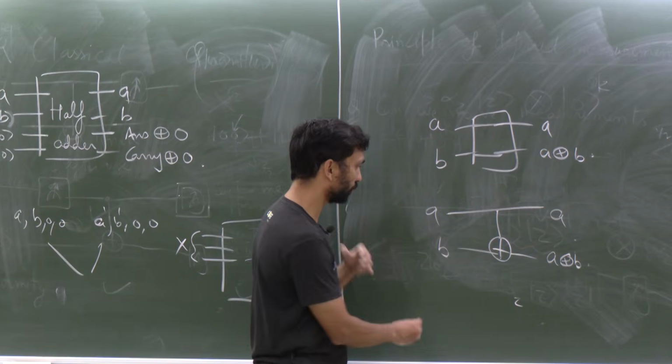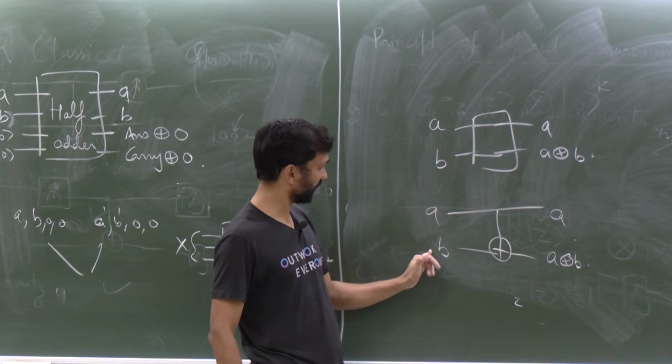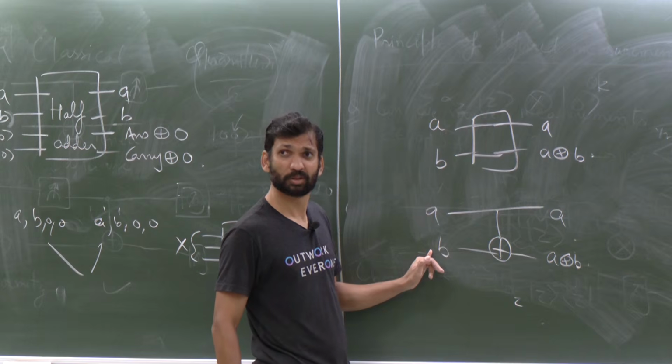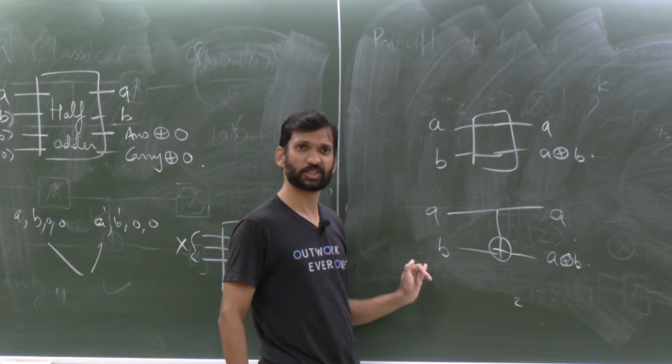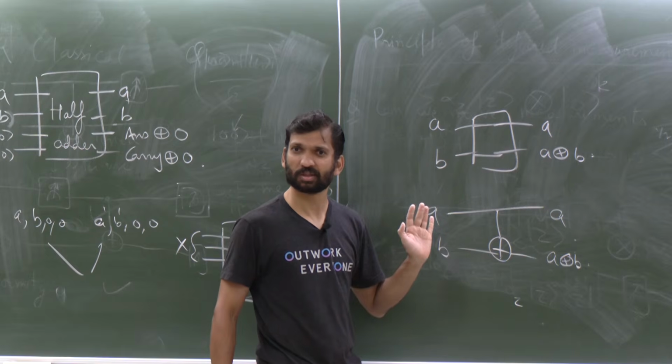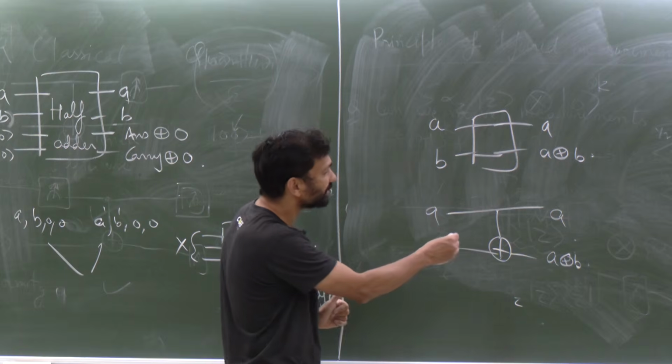Right? So, do you agree with this? You can check. If A is 0, B is 0, you will get 0, 0 XOR 0. You can check all four. This will be fine. The only point is, I don't want this.